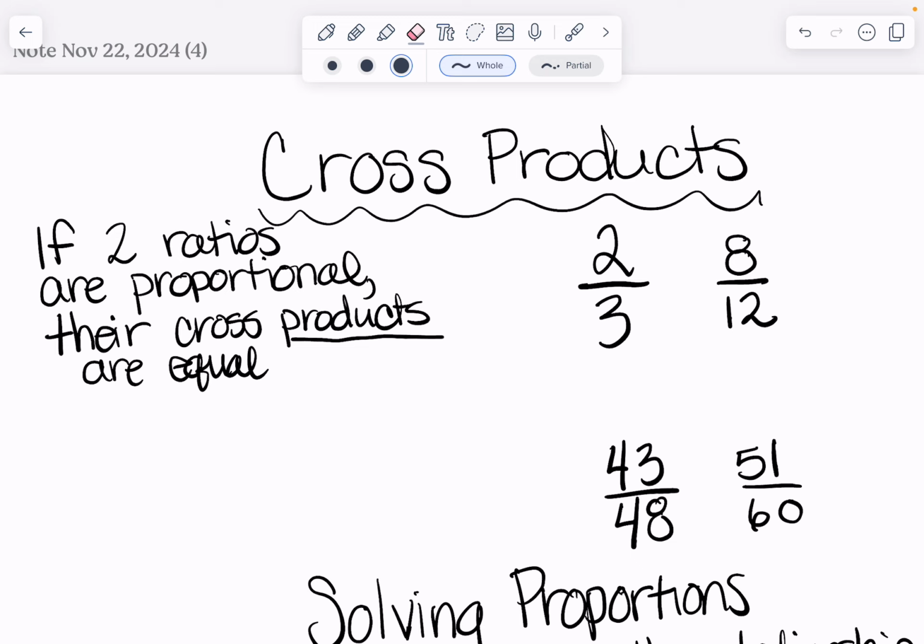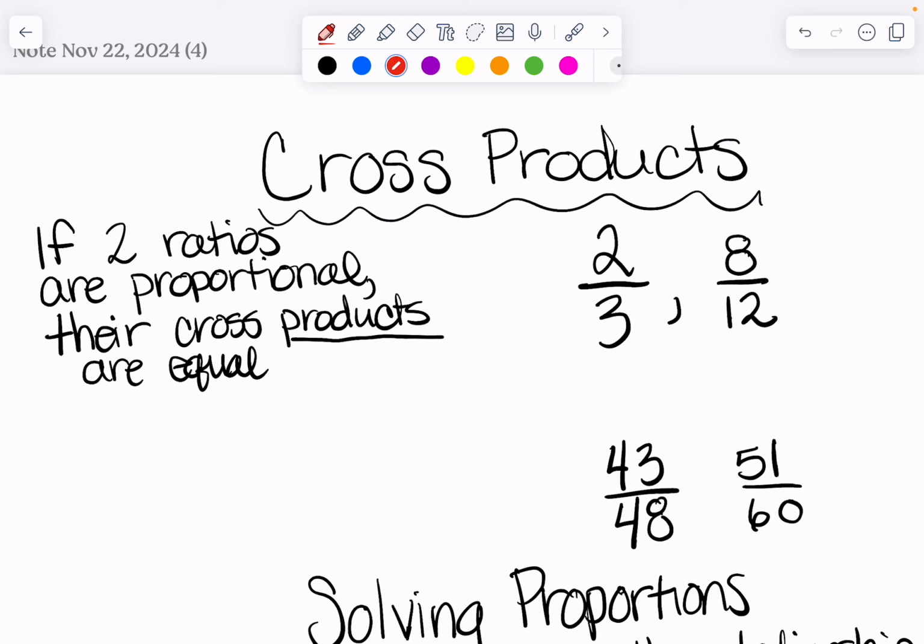So we talked about last week, we focused more on what I call mental math proportions or relationships, but basically where you're looking for some sort of connection between the two ratios that uses multiplication or division. And so, for example, here, if I have the two ratios, 2/3 and 8/12, and I want to know if they're proportional or not.